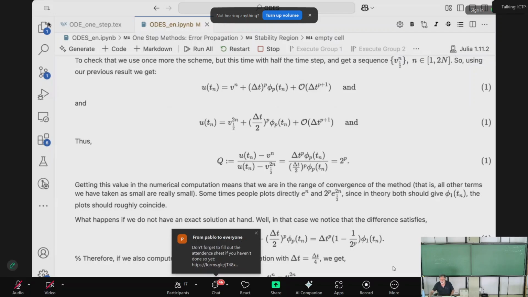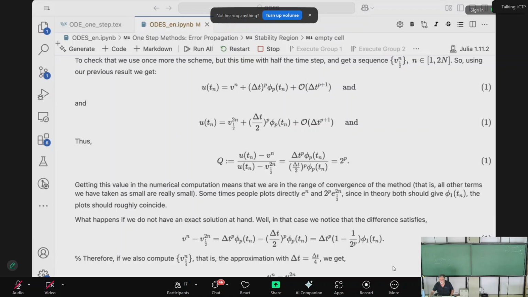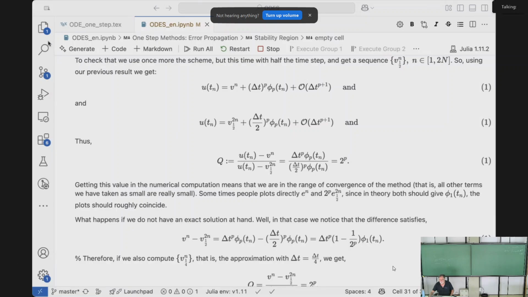if you look at these two expressions, you can subtract one from the other with the weight so that you cancel this term. So you multiply this by 2 to the p and subtract from this, right?